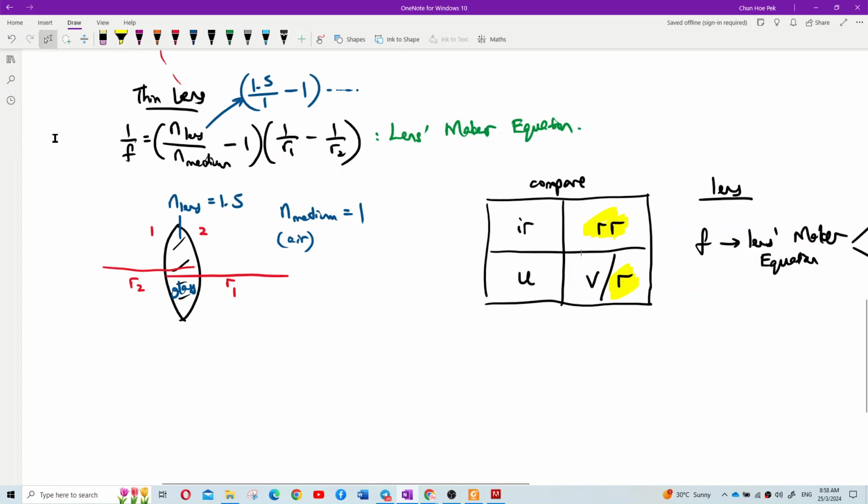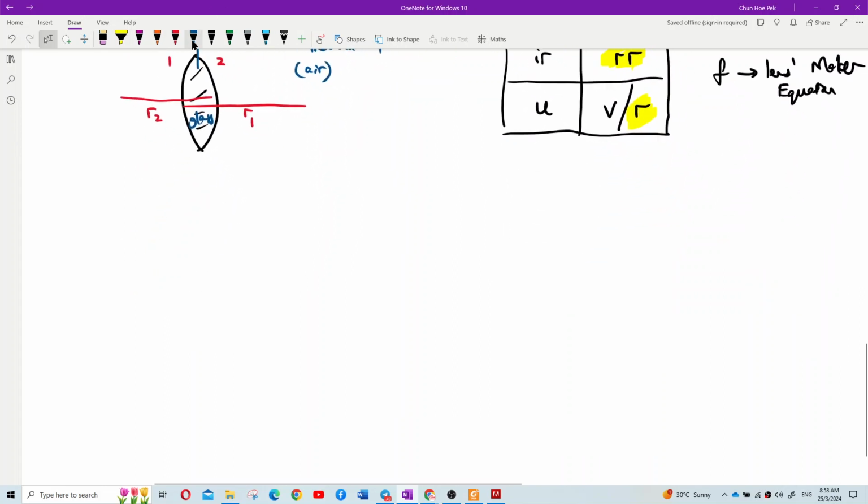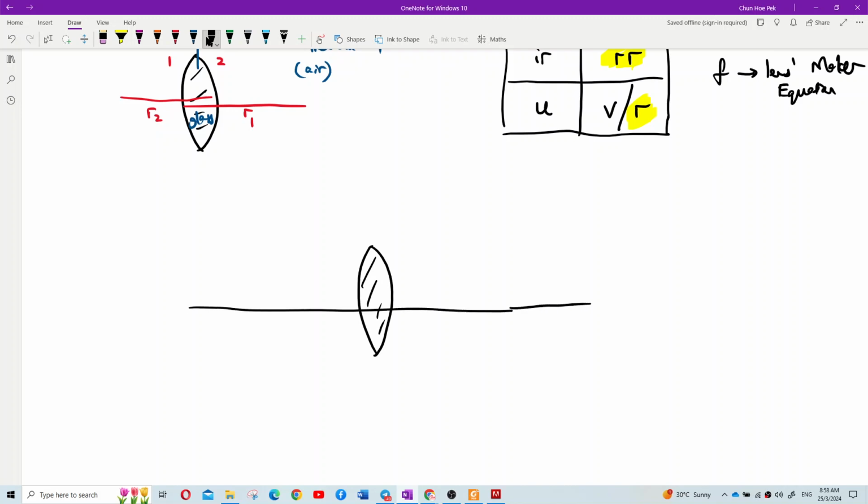Okay, so now let's say I have a biconvex lens. To find the focal length of this lens, we must first draw an object. Draw an object at one side.